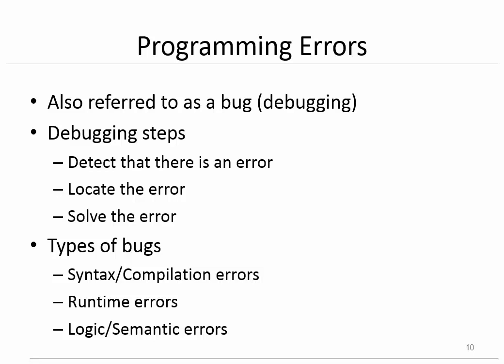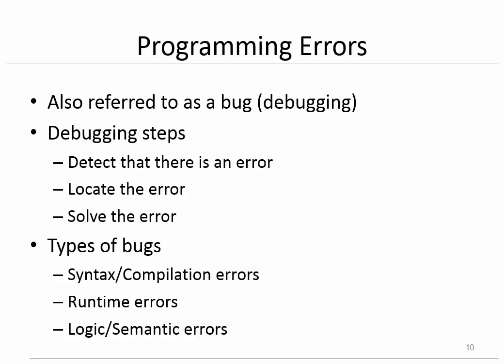When you're doing debugging, there are various steps that you have to go through. A first important step is detect that there's an error. Although this may seem obvious, I can assure you that it is not always that straightforward to see that there's an error. We'll zoom into that in what follows. So first step is detect that there was an error. The next step is locate the error.